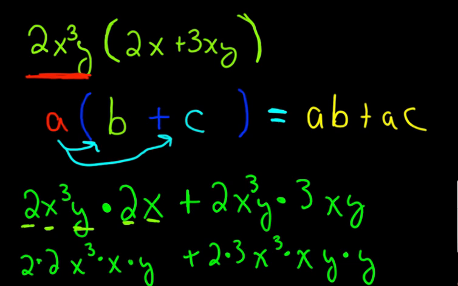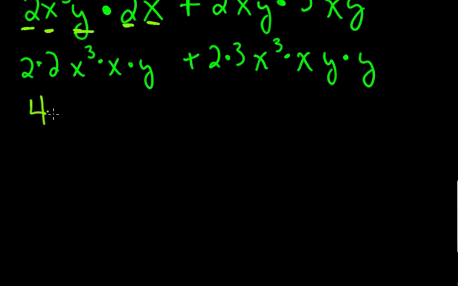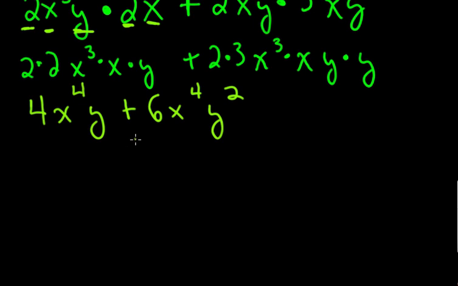And I repeat that over here. So I have 4, scroll this up a bit here. There we go, make it visible. 4 x to the 4th y plus 6 x to the 4th y squared. Now notice these terms are not the same.